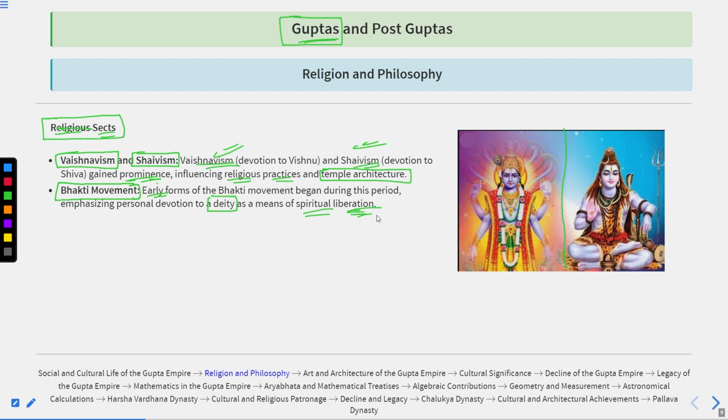Instead of going through the priest, the rituals and sacrifices, one should devote oneself to God, and ultimately God will pave the way for his spiritual liberation. It means there is no need of performing that much. Got it? Now, let's move forward.